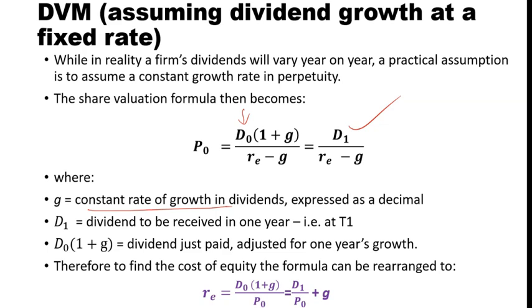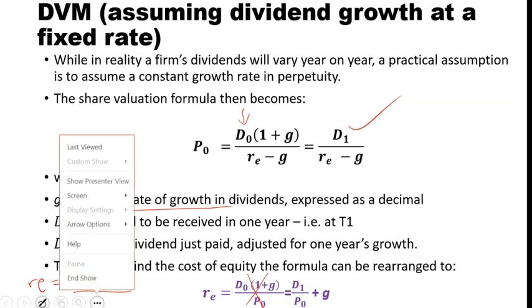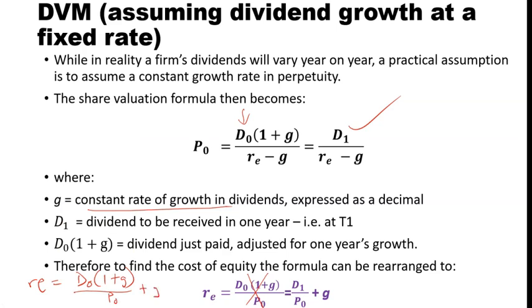Okay, here I'm not happy with this one. It should be RE is equal to D0 (1 plus G) over P0 plus G. And this would then come to this final part, because we are saying D1 is equal to D0 (1 plus G).